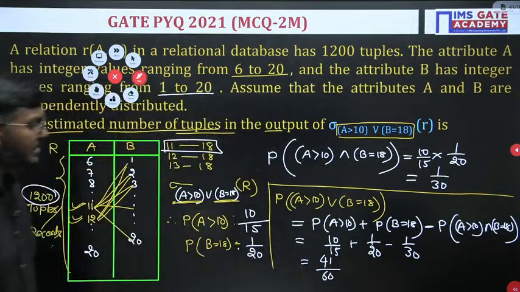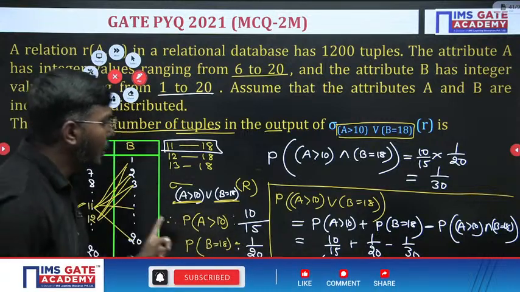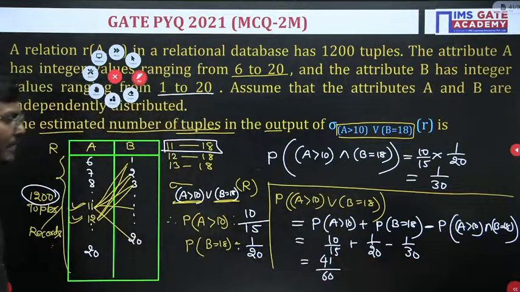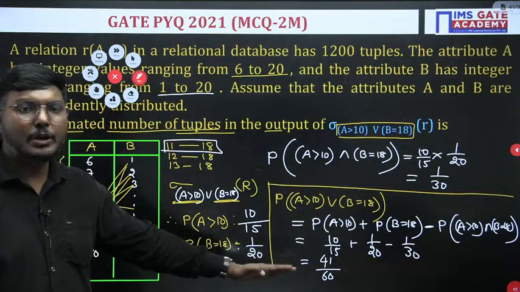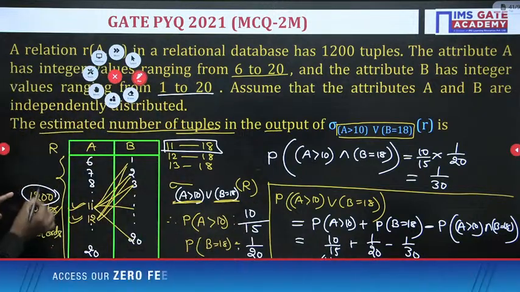Understood? So this is the probability to get a record with A greater than 10 or B equal to 18. This probability is calculated based on one record. So how many records in total are we having? 1200.